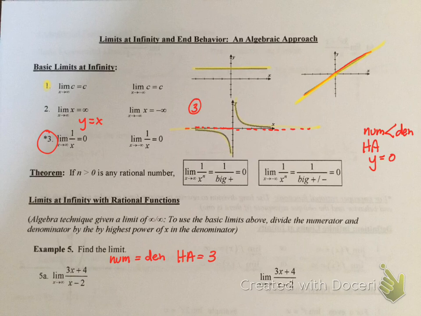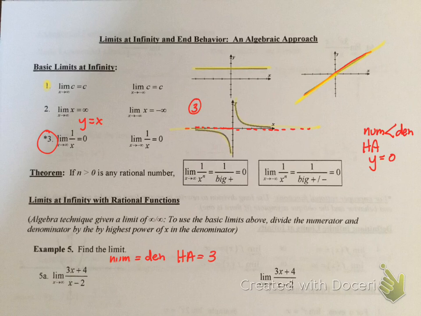Because if I plug in infinity, I'm going to get 3 times infinity plus 4 over infinity minus 2, which is infinity over infinity. That's no good. So when that happens, I have to do something else. And the rule says to take the numerator and divide it by the highest power in the denominator.